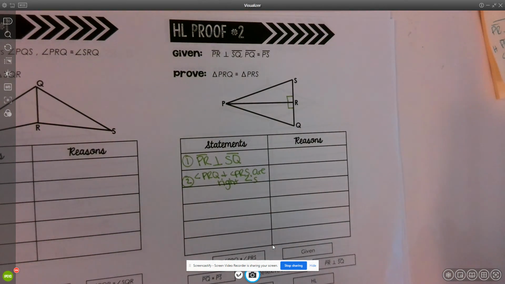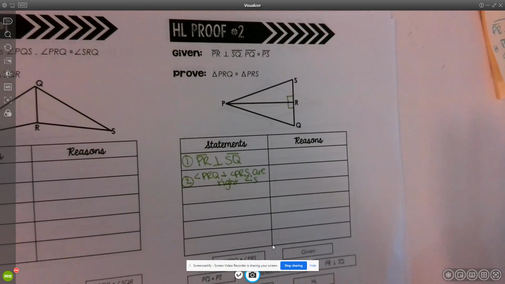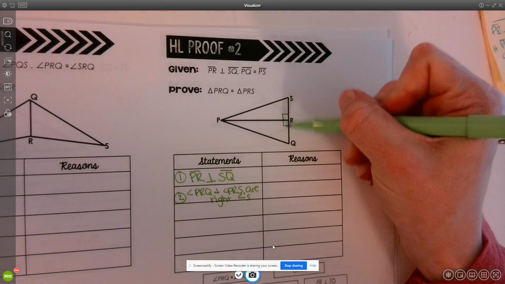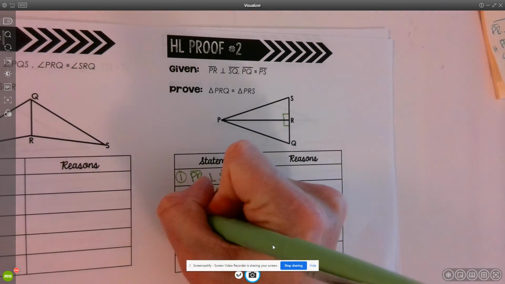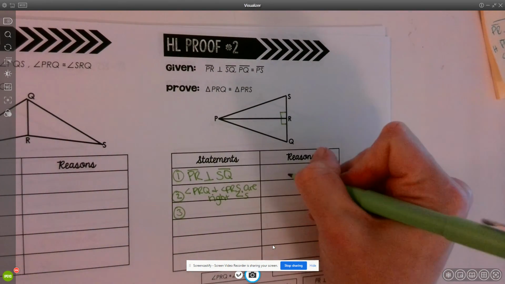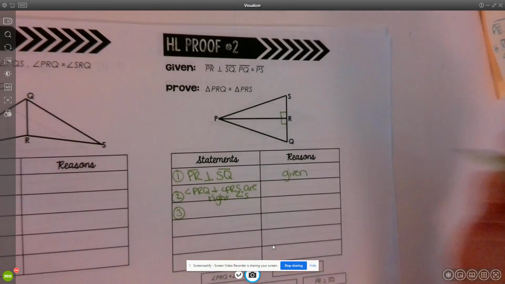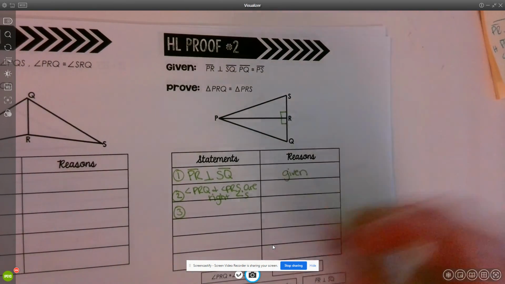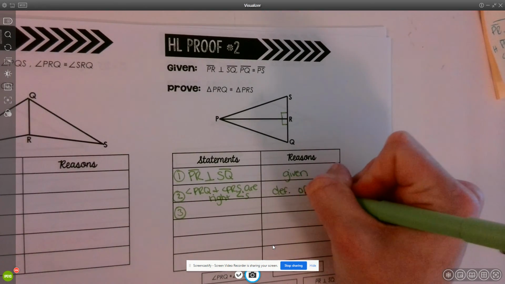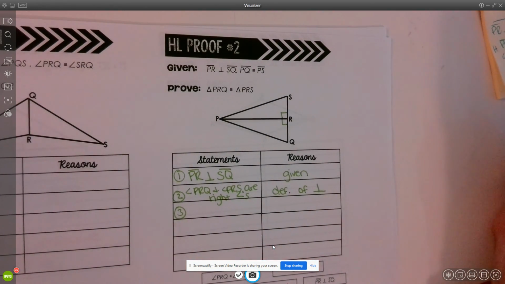Now there's an extra step that technically we don't really need, but we're going to add it in here just because it's part of our word bank and I don't want to confuse anybody. If these are both right angles, we know that they're congruent, right? So, oops, I'm not filling in my reasons. This was given, and I knew they were right angles because that's the definition of perpendicular lines.